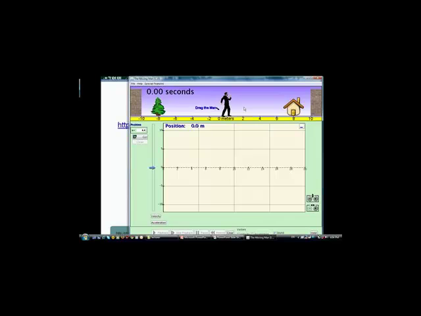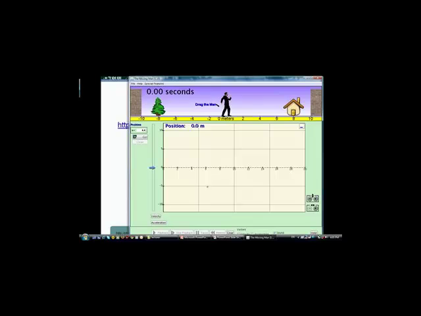Okay, let's try to do that. But before doing that, try to think of how the graph is going to look. Since we are starting at 0 meters, we should start at the origin. And it's going to move towards the -6, so we are going to move below the x-axis.